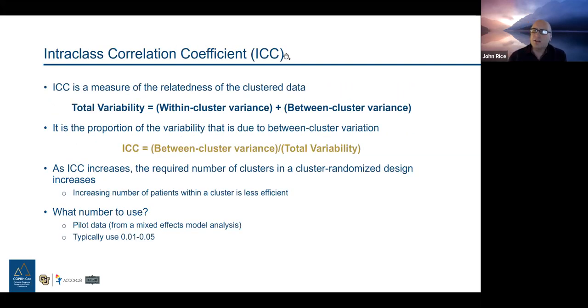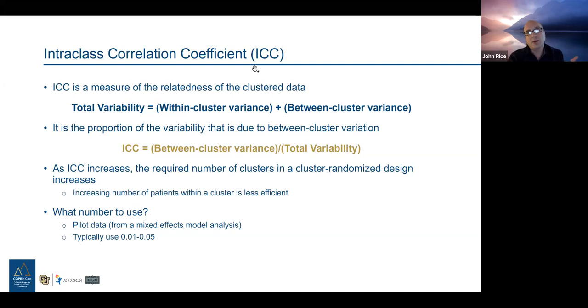So how do we measure clustering? Typically this is done using something called the intraclass correlation coefficient, or ICC. If anyone's familiar with the Pearson correlation coefficient, it's similar to that. It's just used to measure the interrelatedness of observations within a cluster instead of the pairwise correlation that the Pearson correlation measures.